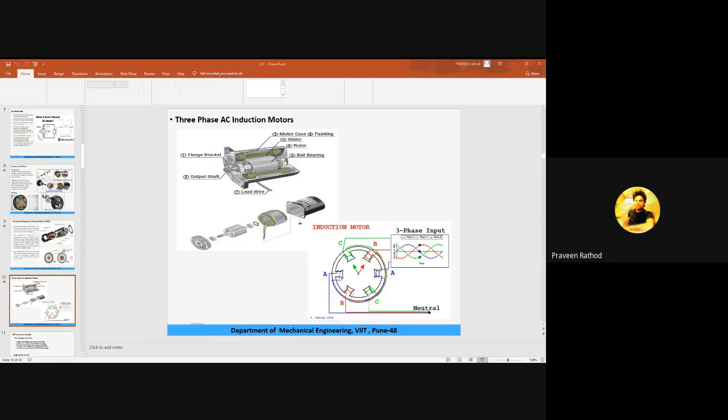On the rotor outer surface, the slots are arranged in a parallel way. The conductor bars are placed inside this rotor, made up of copper or aluminum, and they are connected with the help of end rings.